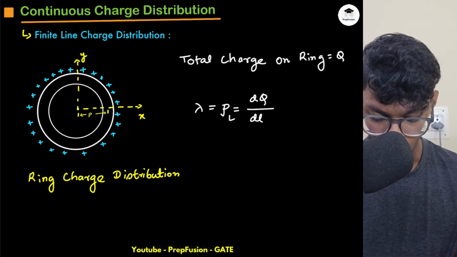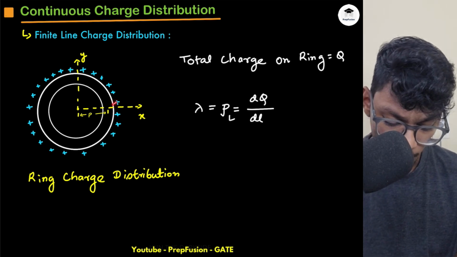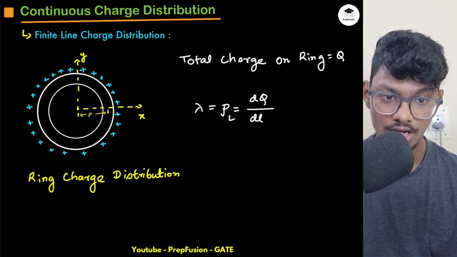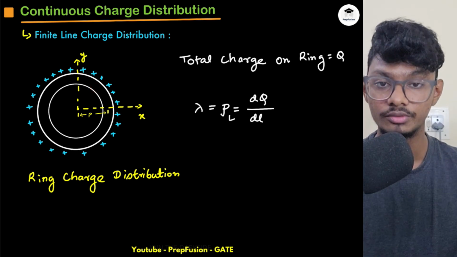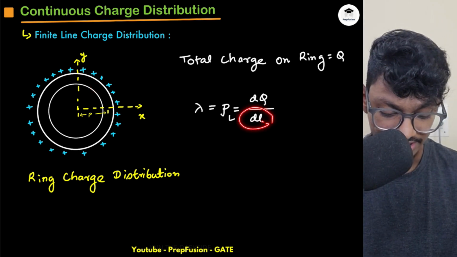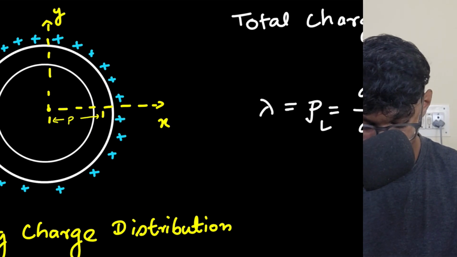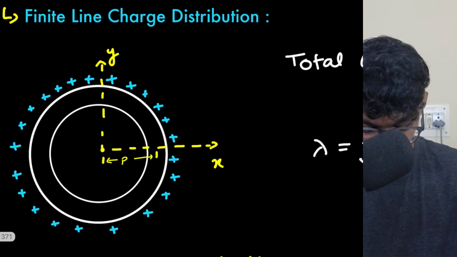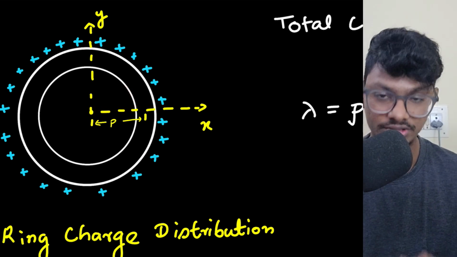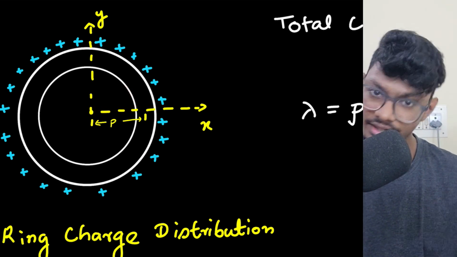The total charge on the ring is q, that is fine. How do I find the charge per unit length? That is dq upon dl. So how do I find dl? If I just move this by a d phi angle, I will get my dl.